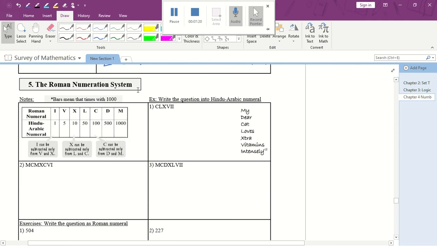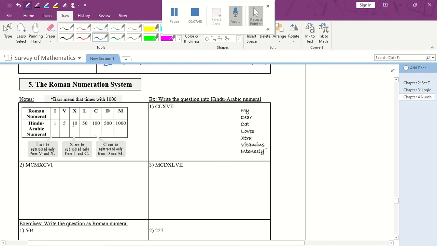The Roman numeration system is actually mainly focused only on these numerals: the I, the V, the X, the L, the C, the D, and the M. So I, V, X, L, C, D, and M. This I represents 1, as you know, V represents 5, X represents 10.